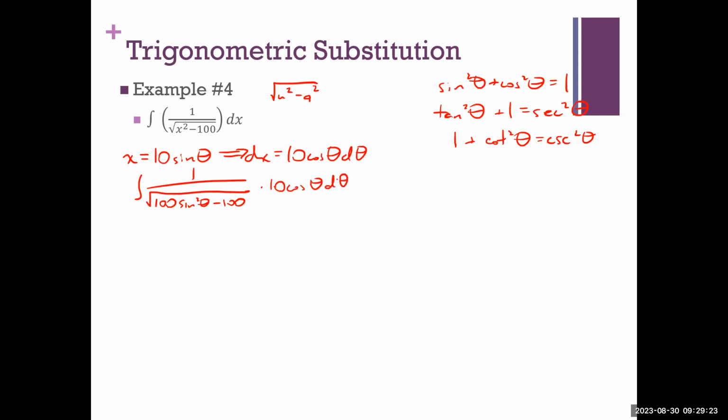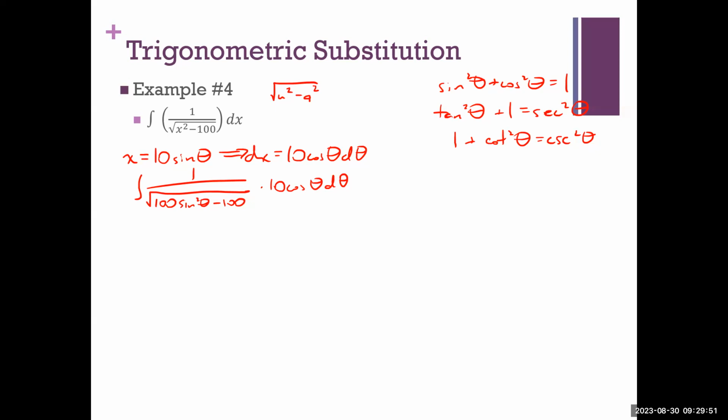All right, this whole thing, whether this works, all hinges on what's going on with the radical, right? Are we going to be able to simplify that radical with where we are? I hear a vote for yes. We factor out the 100, we get sine squared theta minus 1, right?